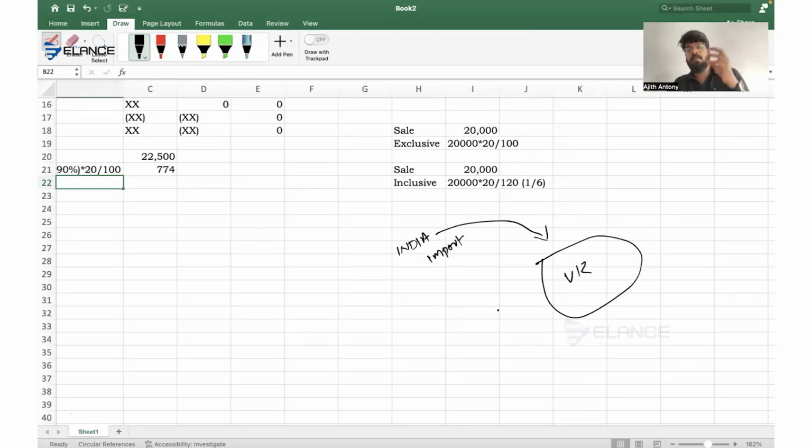At the time of importing any assets to the UK, we should pay an amount of output VAT to HMRC. If I'm purchasing the asset inside the UK, there is no issue.